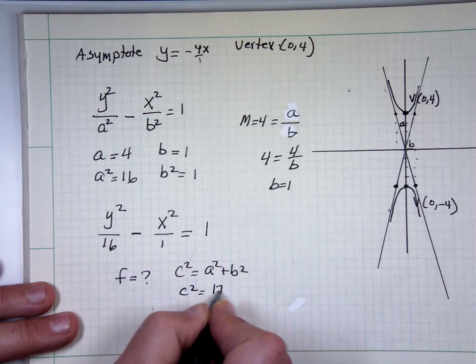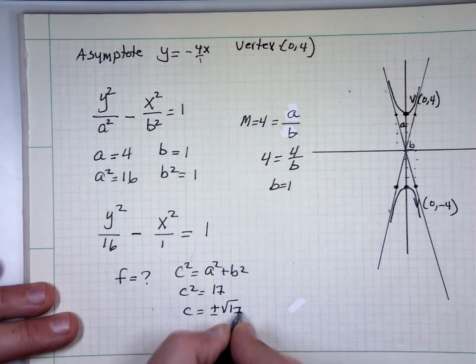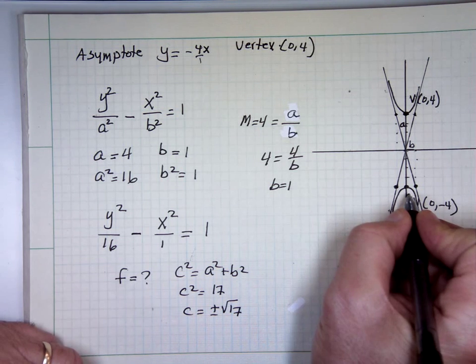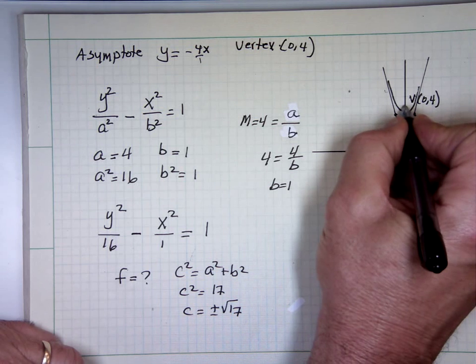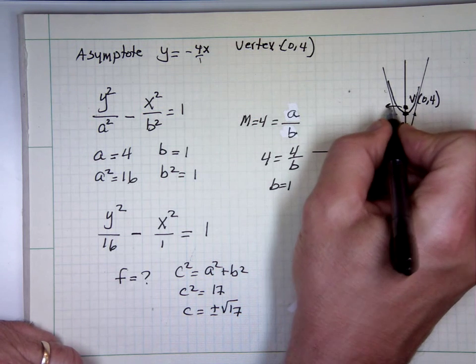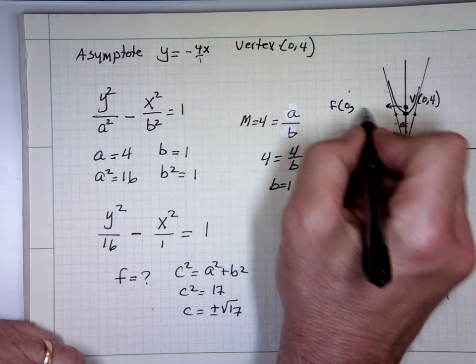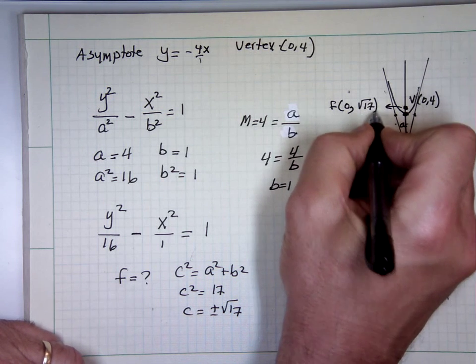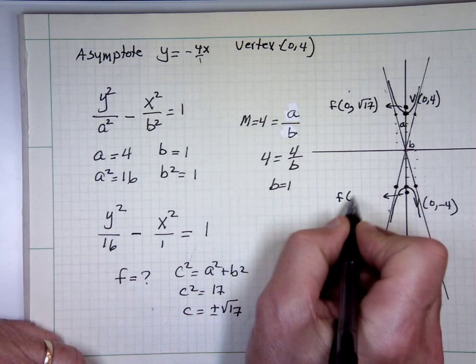C equals plus or minus the square root of 17, just a hair over 4. So my focal point is right there, right below the 4 and above the 4. So that focal point is 0, comma, the square root of 17. And this focal point here, 0, comma, negative the square root of 17.